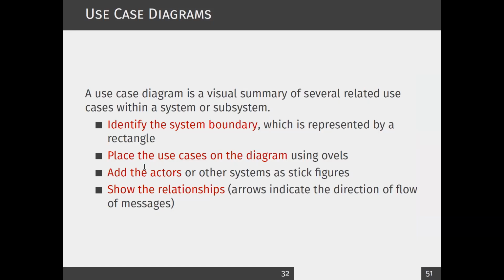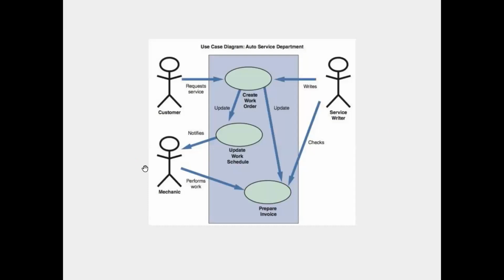When you look at the visual diagram, a use case diagram is a visual summary of several related use cases within the system or subsystem. There are three things we can talk about: identify the system boundary, place the use cases on the diagram, then add the actors, then show the relationships. Here is another example.